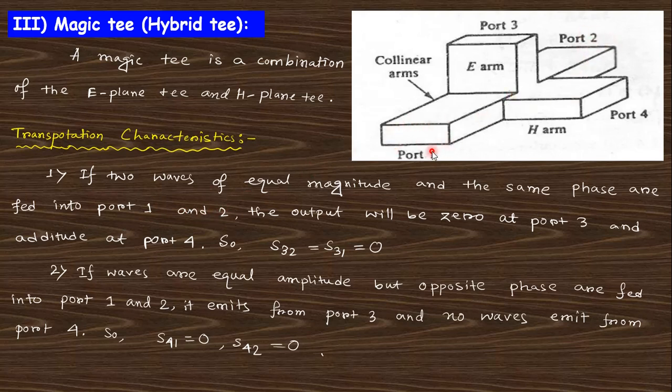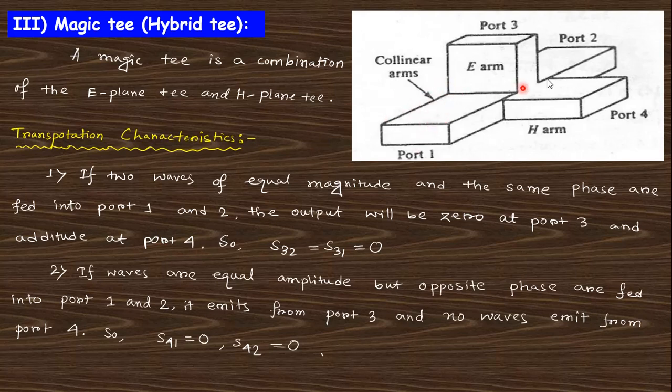For this magic tee configuration, the transport character is like this: if two waves of equal magnitude and the same phase are fed into port 1 and 2, then there will be 0 output from port 3 and additive output in port 4, just like the previous one.